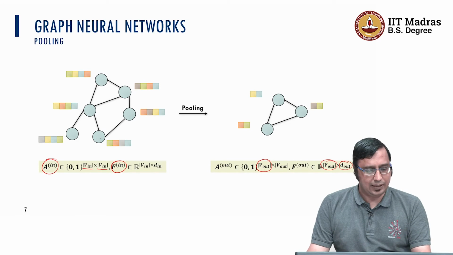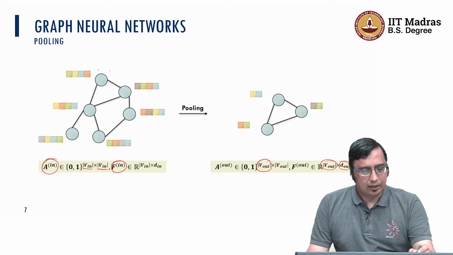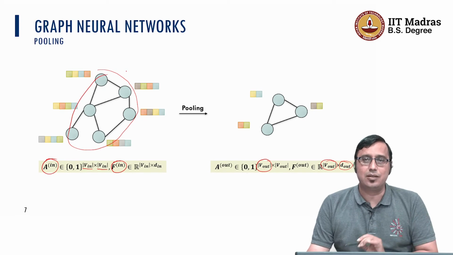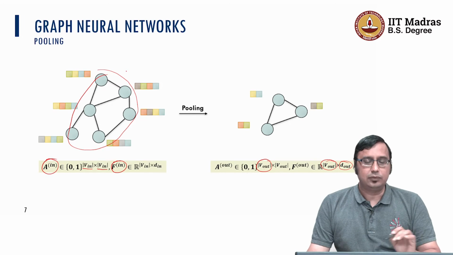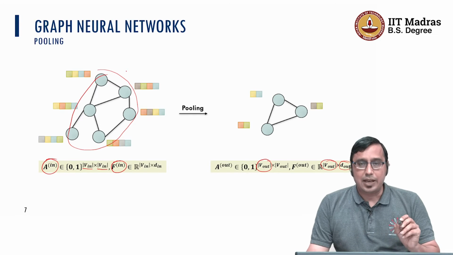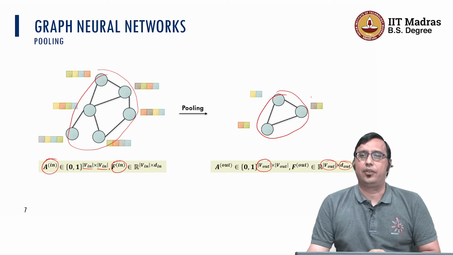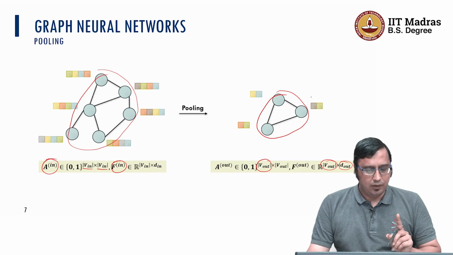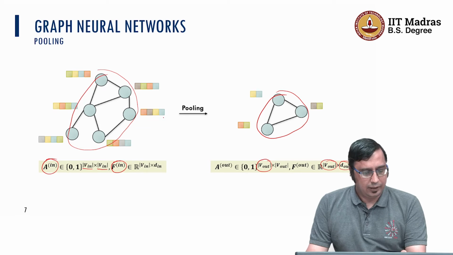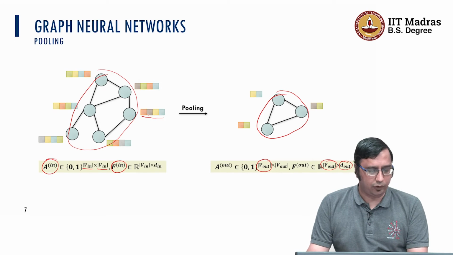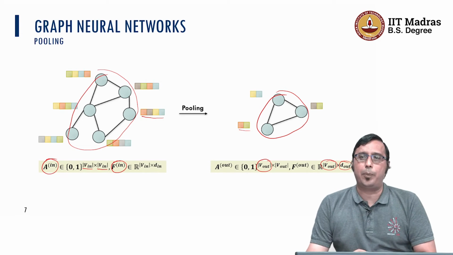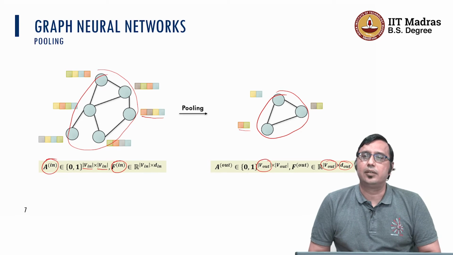So here we can see that the structure of the graph, which has 6 nodes and 7 edges, has been changed to 3 nodes and 3 edges. Not only that, you can also see that the feature vector before and the feature vector after the pooling operation have different dimensions.